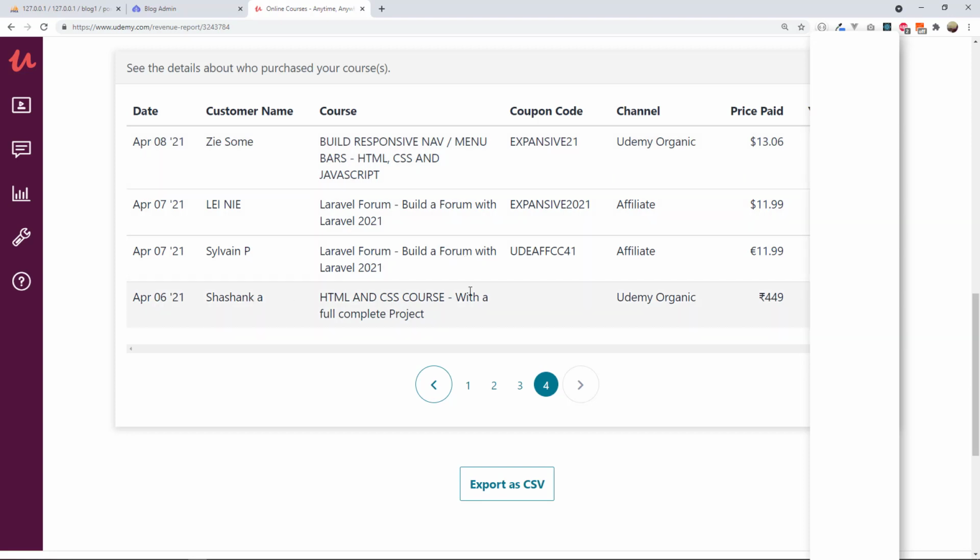So basically that is how my courses performed in the month of April. But I know you've been looking at the price, right? As I told you, this revenue here will not be the final. For example, if that promotion was mine, Udemy will take 3% of the sales, and I'll take 97 point something percent.